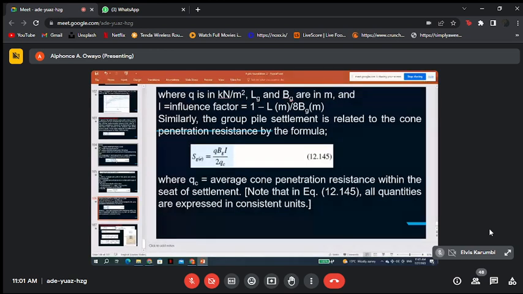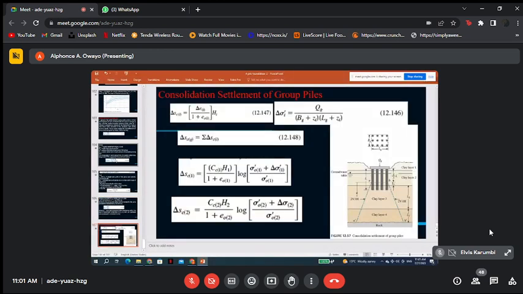And then finally, this is something about consolidation settlement in clay. But if you look at this formula keenly, this is nothing more than the consolidation settlement, which if you are different students, you would say I didn't teach you, but I already taught you how to do this.